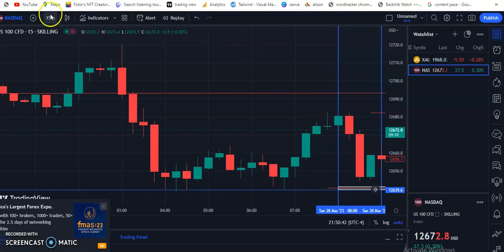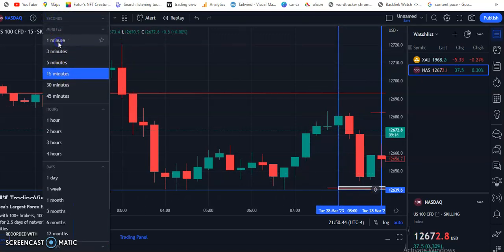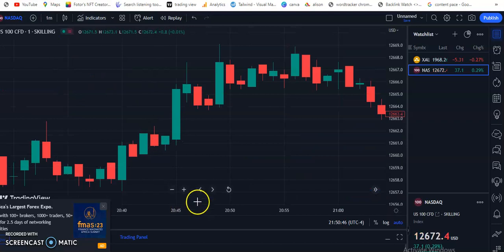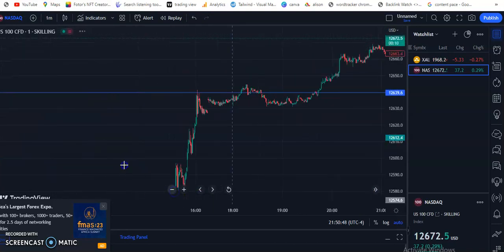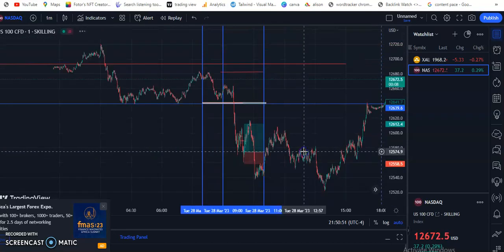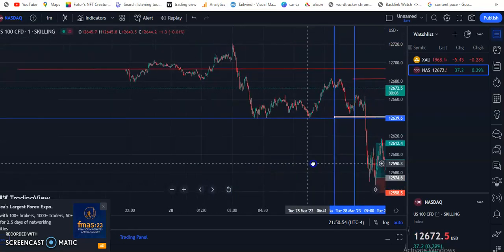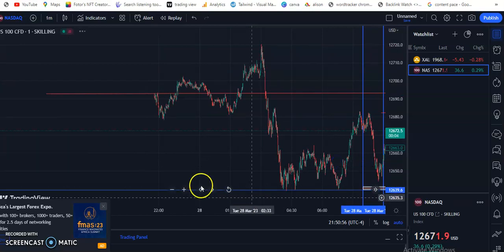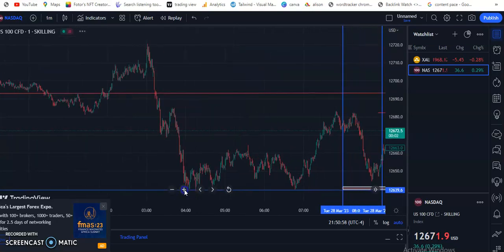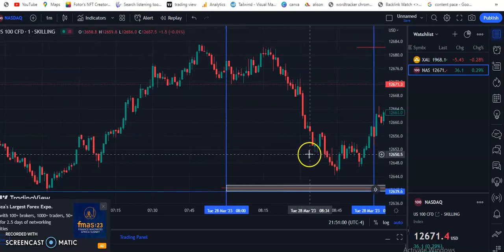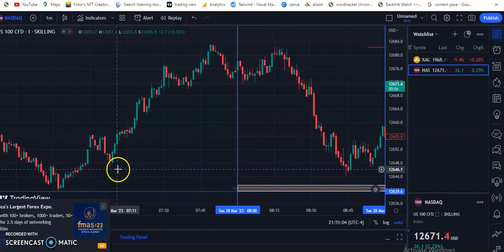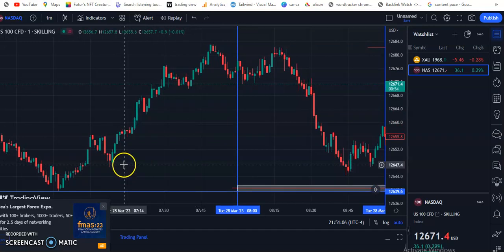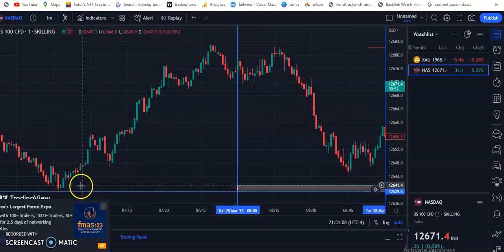Now I want to show you the same trick that I used in gold. As you can see, when we look in the gap time, we are looking for the candles that were never triggered.